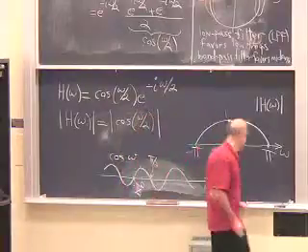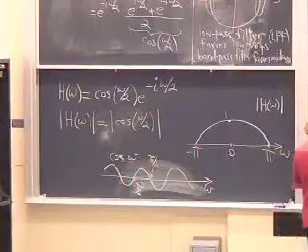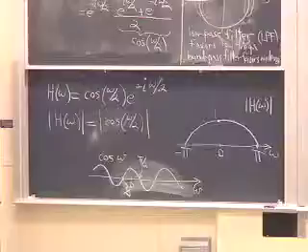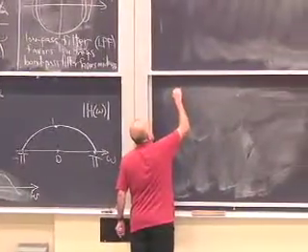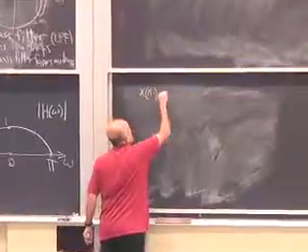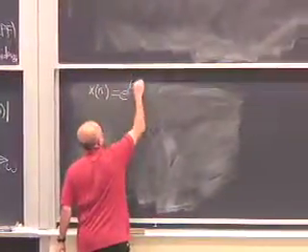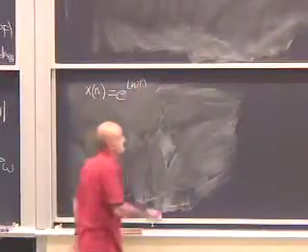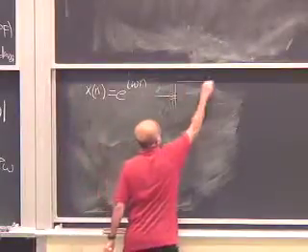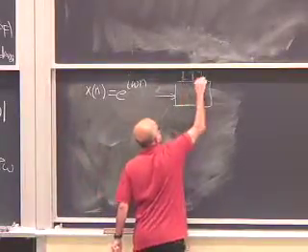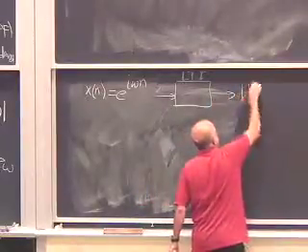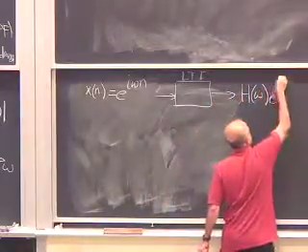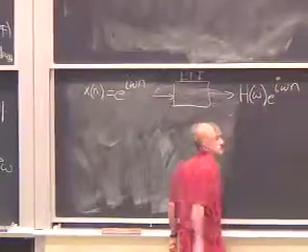Well, let's see. One of the things we learned last time, and also this time, is that when x of n is e to the i omega n, and it goes into an LTI filter, it comes out as h of omega e to the i omega n.